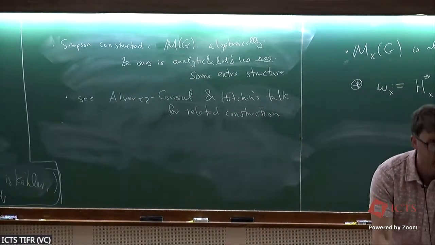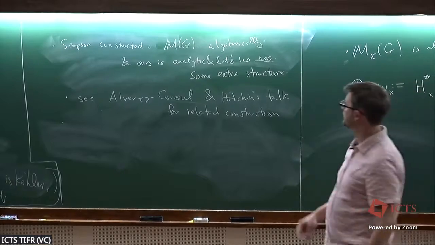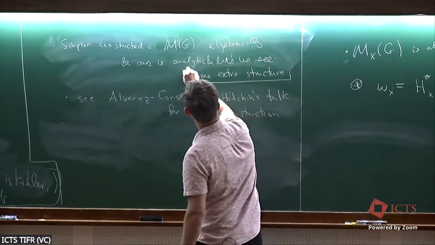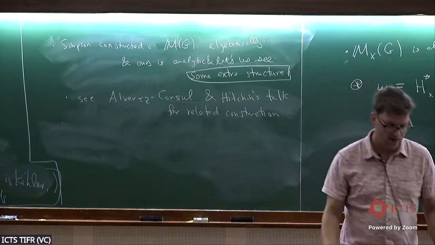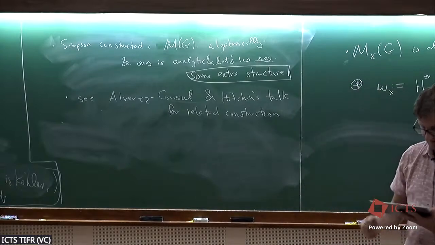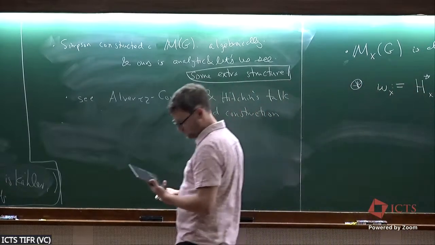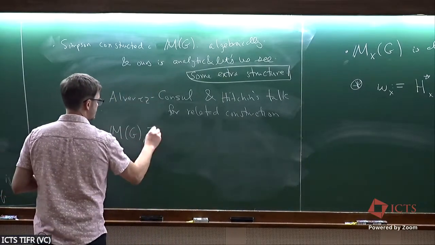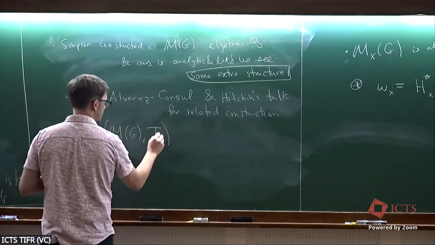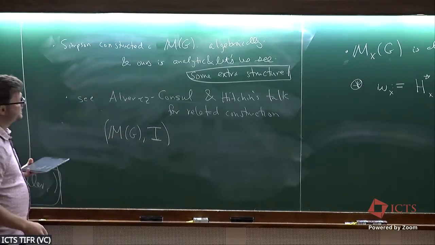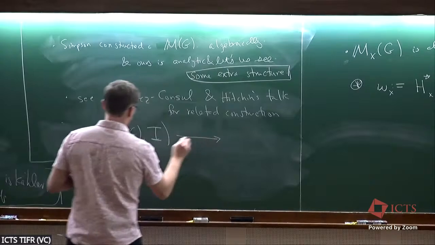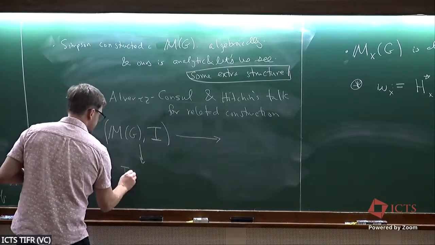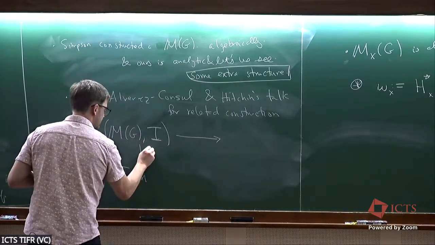So now the second theorem I'm going to tell you about is about what this extra structure is. Okay, so let me set it up. What do we have? We have this big space. It has a complex structure on it, which I'll call I. It has a projection map to Teichmüller space, which is holomorphic.